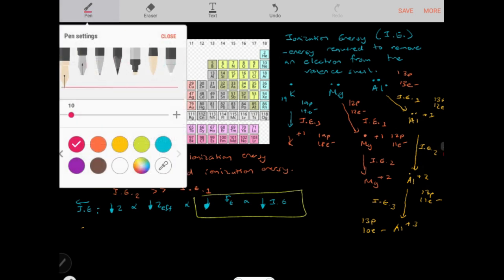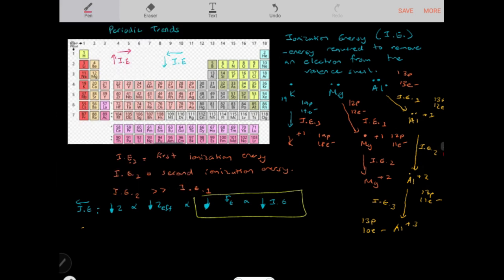Why does the ionization energy increase if we go up a group? Well, if we go up a group, the shell number decreases, and as a result there are fewer core electron shells. If there are fewer core electron shells, then the shielding effect also decreases.